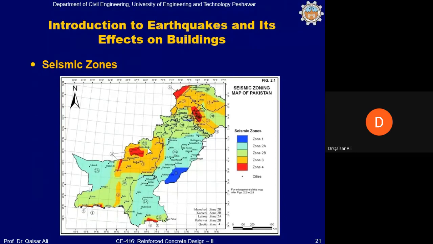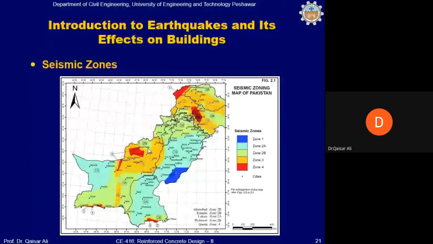Zone 1 is a zone where the expected earthquake acceleration will be very low, and this is a low seismic hazard zone. The frequency of occurrence of earthquakes will also be very small, not the frequency of earthquake waves, and buildings will be least affected when they are located in seismic zone 1.